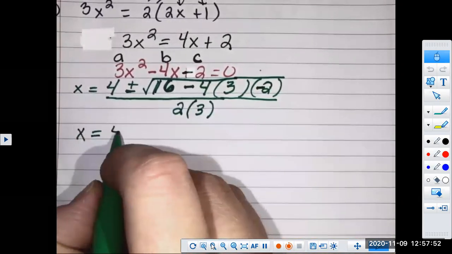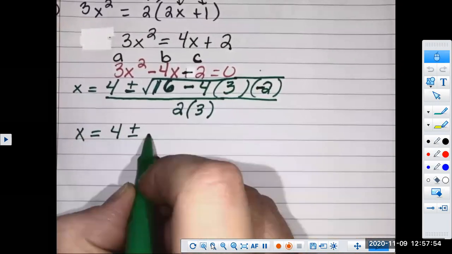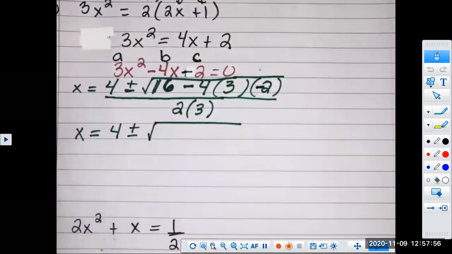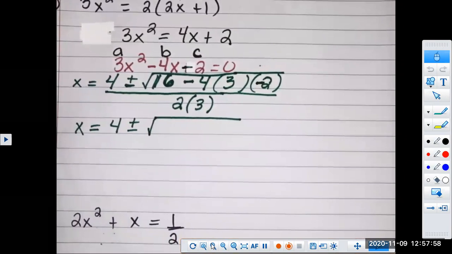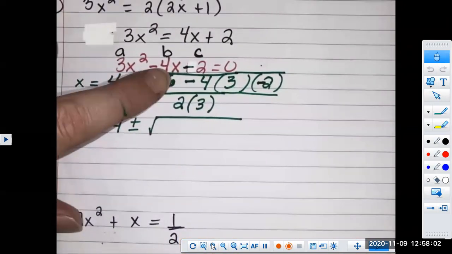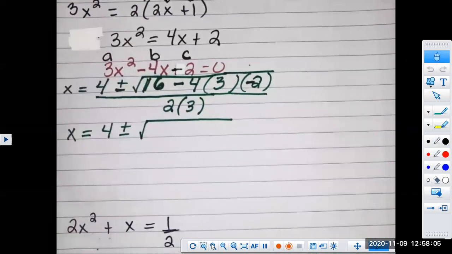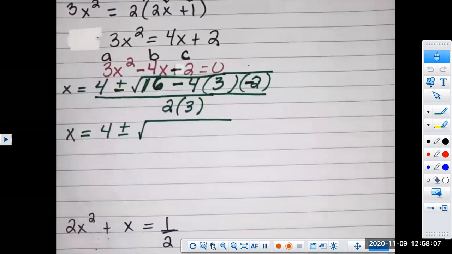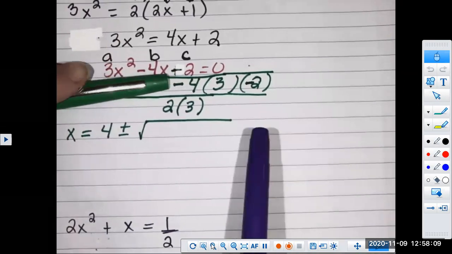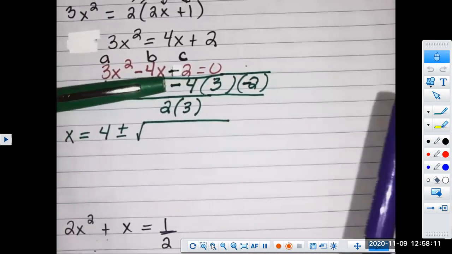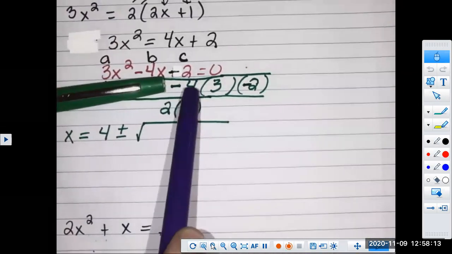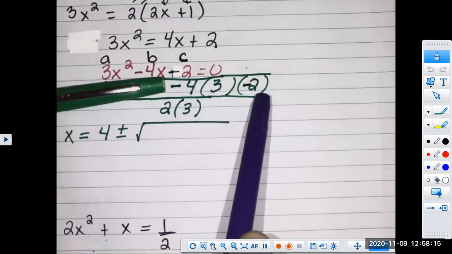All right, let's clean up underneath the square root. If you're doing this in your head without a calculator, this is what I would do. You want to multiply negative 4 times 3 times -2.